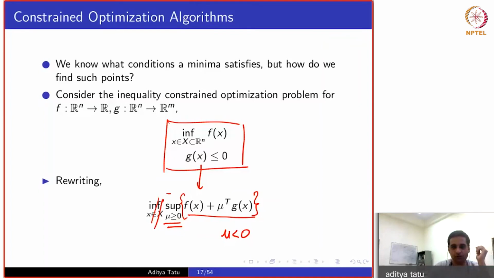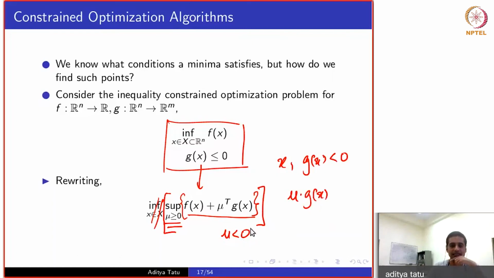All I'm asking is what would the value of this turn out to be if mu is allowed to be negative? You would have feasible points, right? So there would be x for which g(x) is, let's say, less than 0. Yes or no? What would happen to mu times g(x) if mu is allowed to be negative?